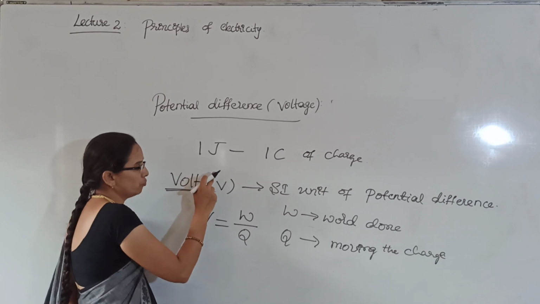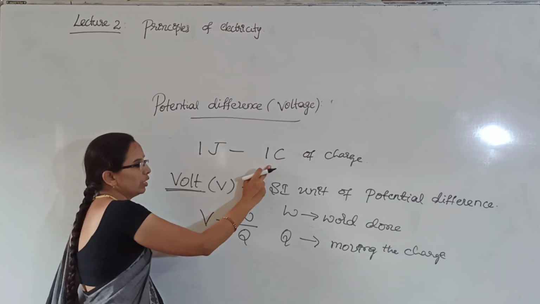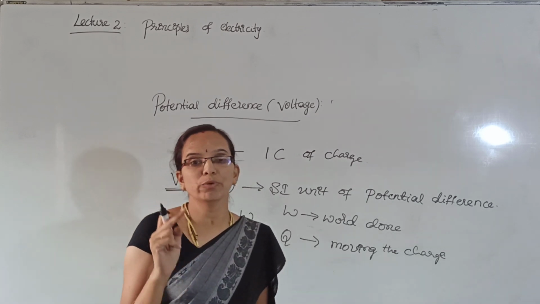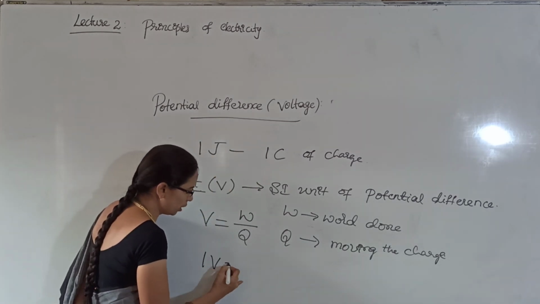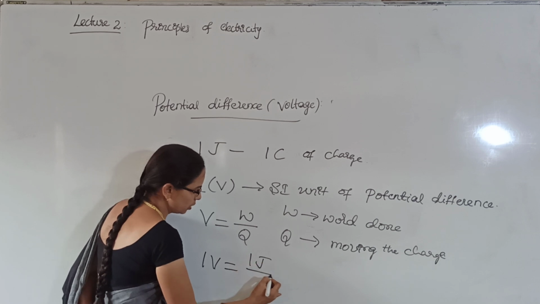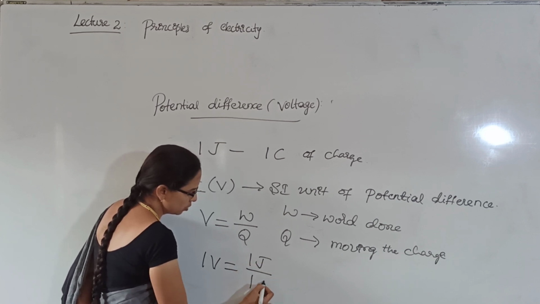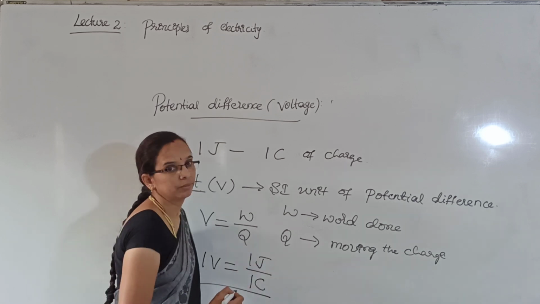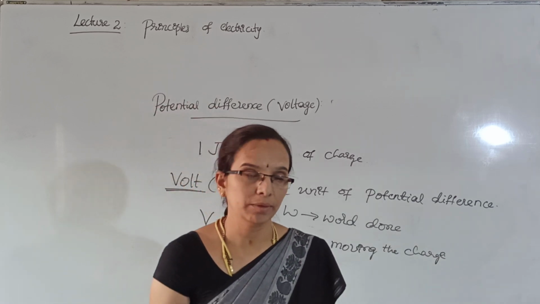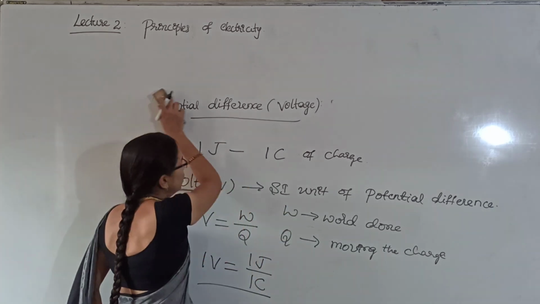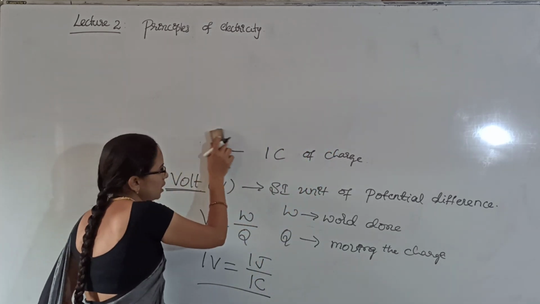So if 1 joule of work is done in moving 1 coulomb of charge from one point to another, you can tell it is 1 volt. 1 joule by 1 coulomb, and then the potential difference is said to be 1 volt. Now we came to know what is charge.